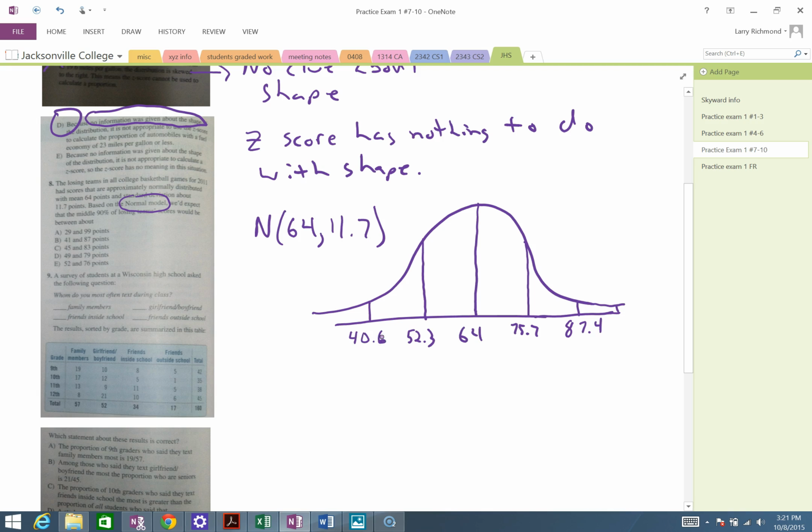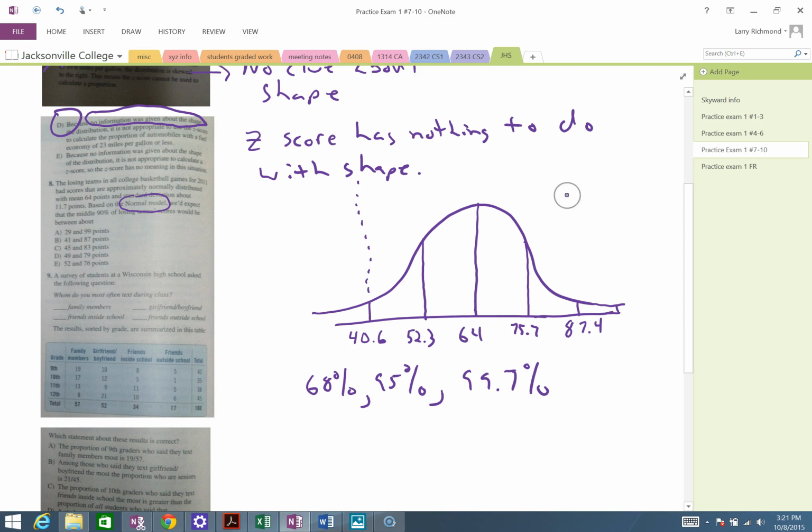We know, I also like breathing now, 68, 95, 99.7. So in here is 68%. Between these two, between this one and this one, we have 95%.